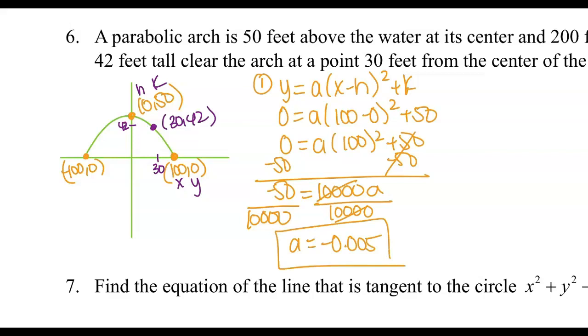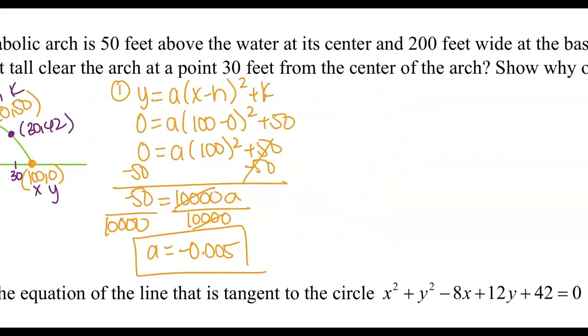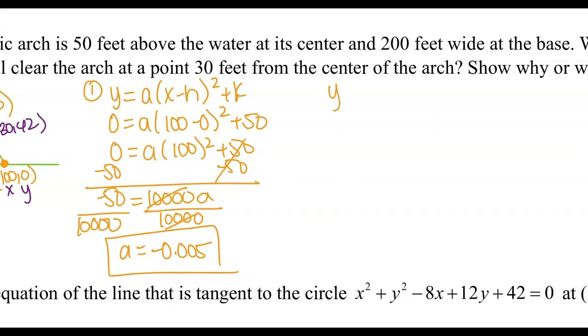It is okay, especially since it doesn't say in the directions how to write your fraction or not. We can just leave it like this. So our equation is going to be Y equals your A value, which is negative 0.005. Since the X minus H is just really X minus 0, I'm just going to write this as X squared and then plus K, which is 50.